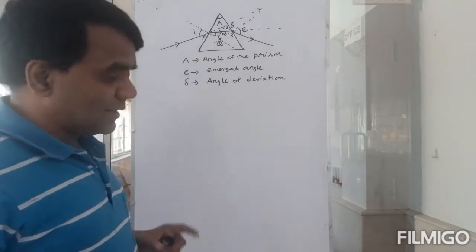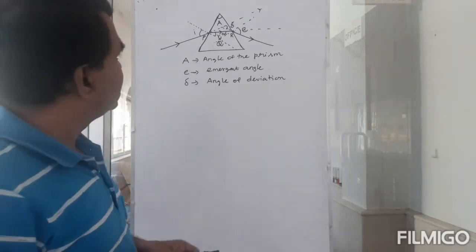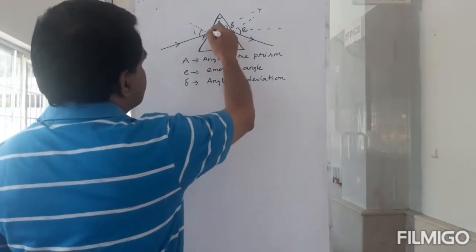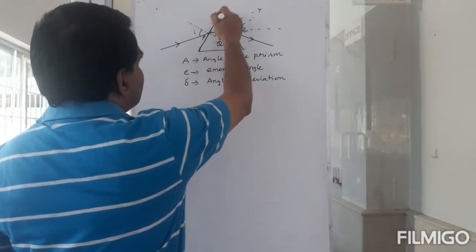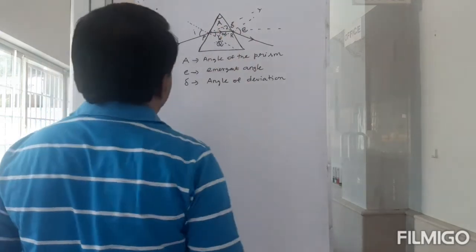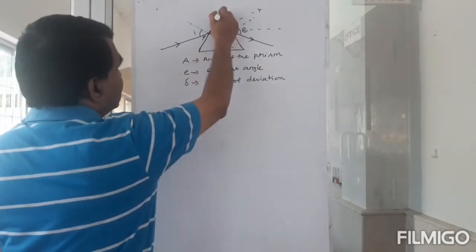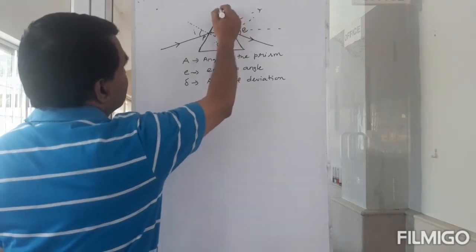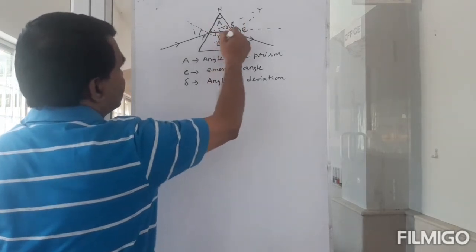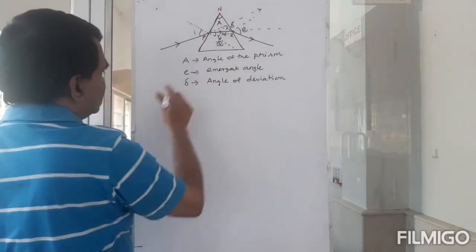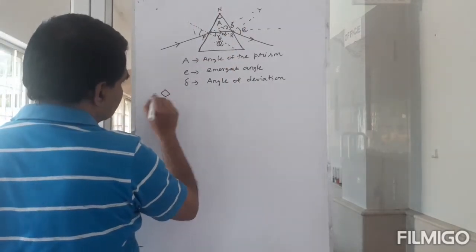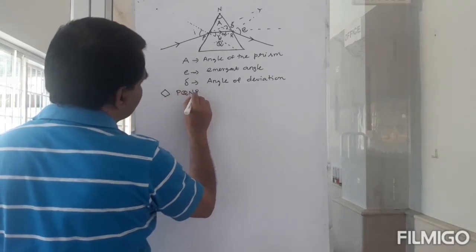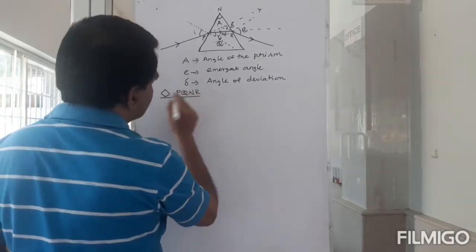Now let's do some manipulations. I want you to consider the quadrilateral APQR. I'll call this angle N, so the quadrilateral PQNR is to be considered now.